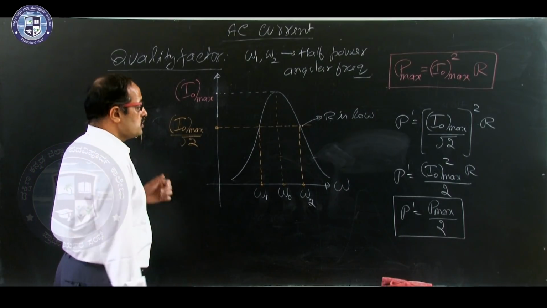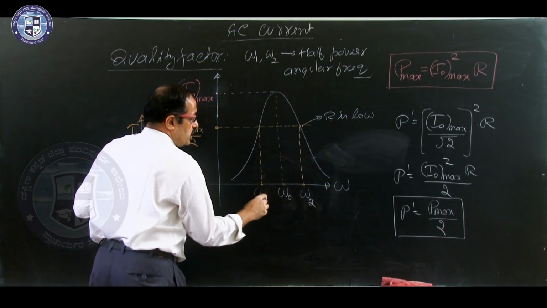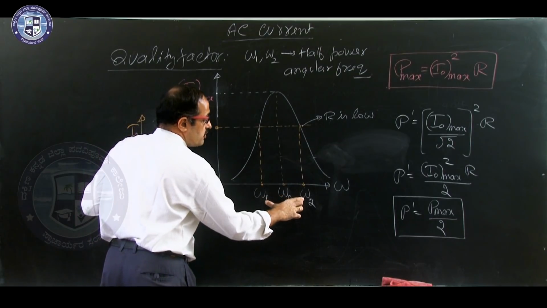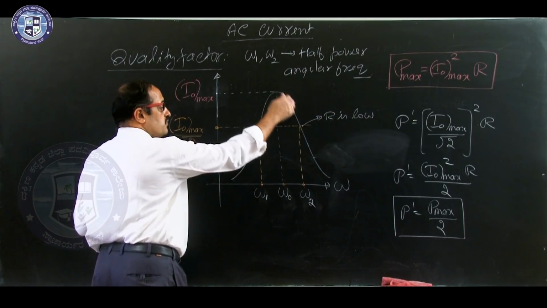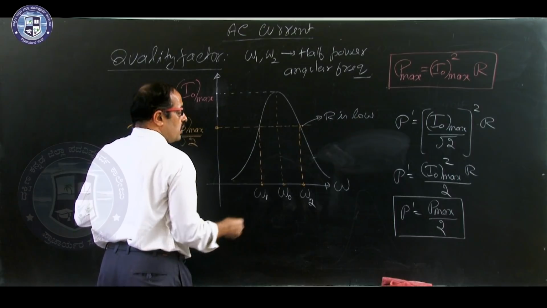Now, this omega 2 minus omega 1, we find out this difference, it is known as bandwidth. Okay. How to calculate bandwidth? Actually, this graph is always symmetric about omega naught.